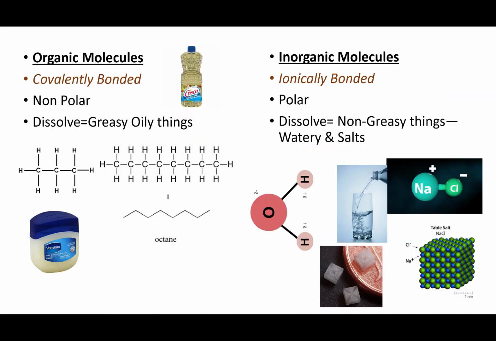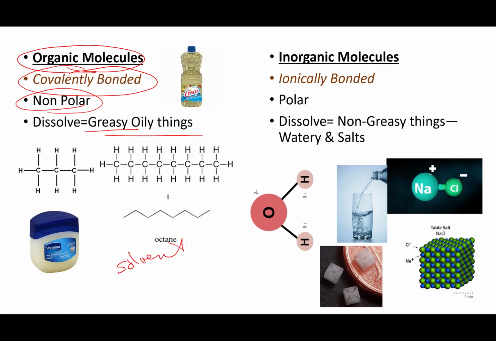If you have a stain or a mess that is organic and covalently bonded, something that is non-polar, something that's oily, something that's greasy, you have to use a solvent that is also going to be covalent and honestly a little oily and greasy in order to get that off.